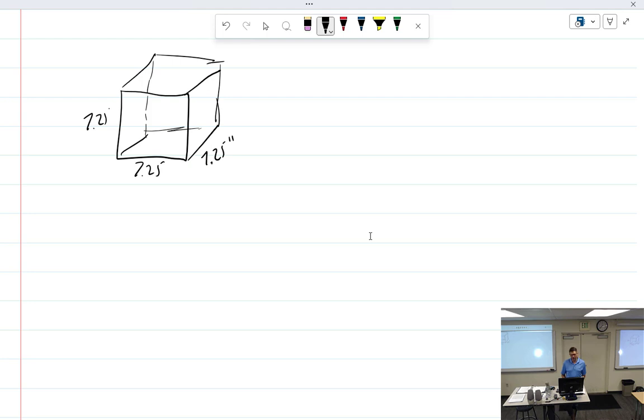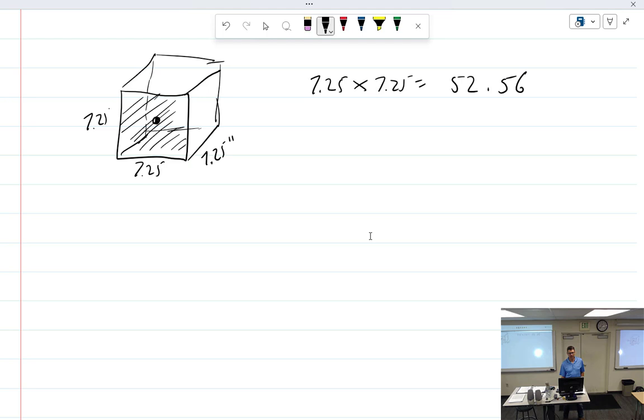We want the surface area, so I would figure out what one side of this die is. 7.25 times 7.25 equals 7.25 squared, 52.5625. So that is the surface area of just one side, if this was a die.